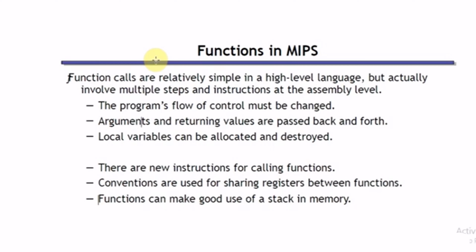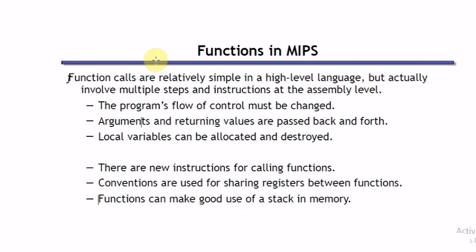First of all, when you call a function, we have a caller program and a callee program. So the control should pass from the caller program to the callee. Also, some arguments should be passed to the corresponding local variables. Then some local variables should be allocated in memory.